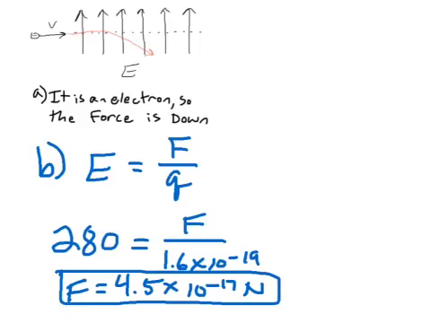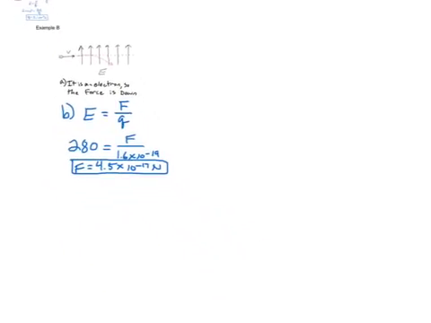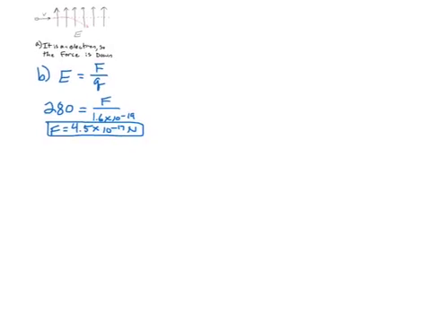Okay, great. So part C then. Part C wants us to find the magnitude of the acceleration on this thing. So how are we going to approach trying to find the acceleration on this electron? Let's think about it. This electron is in this electric field.